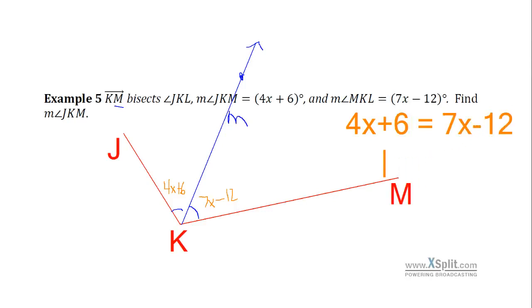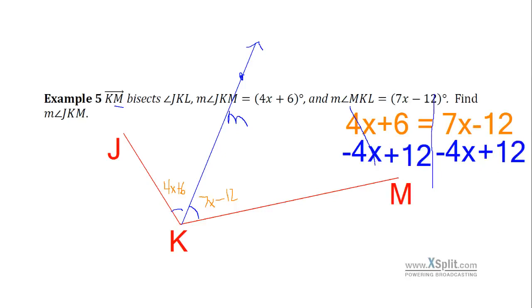I'm going to do something that we didn't do last class, which is do two steps at the same time in an equation. I'm going to subtract 4x from both sides. In addition to that, getting all the x's on one side of the equation, I'm also going to add 12 to both sides. So I'm doing the same thing to both sides, but doing both steps at once to save a little time.